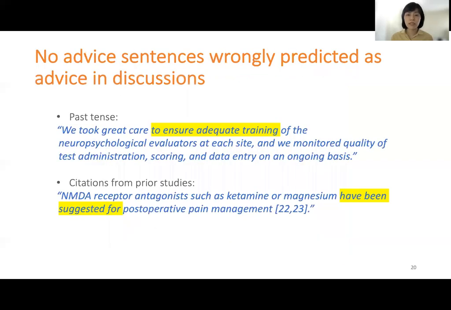When looking at the misclassified sentences in discussions, the no advice sentences were very similar to advice ones. They have linguistic cues of either weak or strong advice. However, these no advice sentences were normally in past tense, describing study process or results, or citing the recommendations from prior studies, which was not advice by our definition.